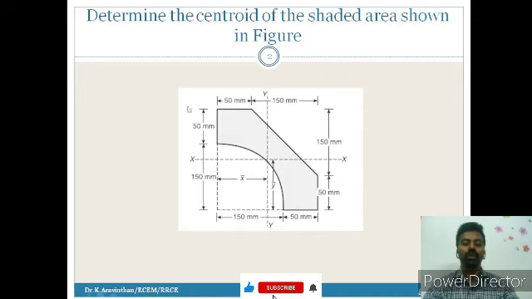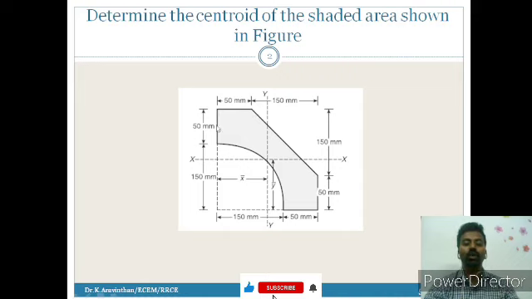So if you understand in another way, we can see this structure as a square here. You can see the dimensions are 50 mm and 150 mm, and 150 mm is a hollow section here. This hollow looks like a quarter circle, and also you can see that this is 150 mm and 150 mm, and this hollow shape looks like a right angle triangle.